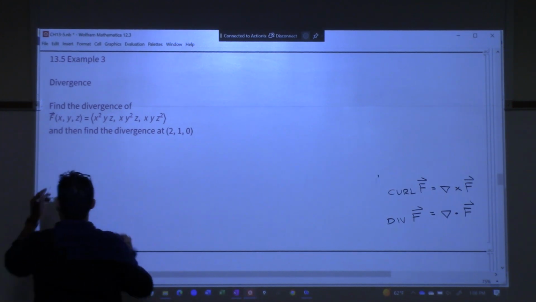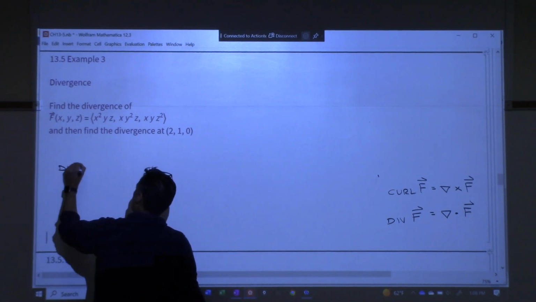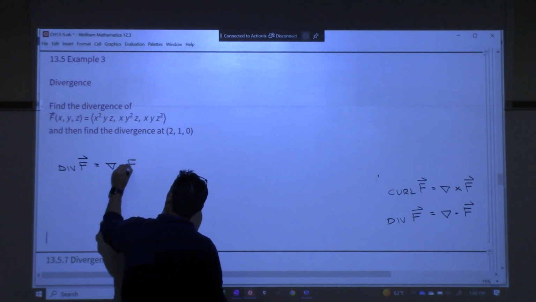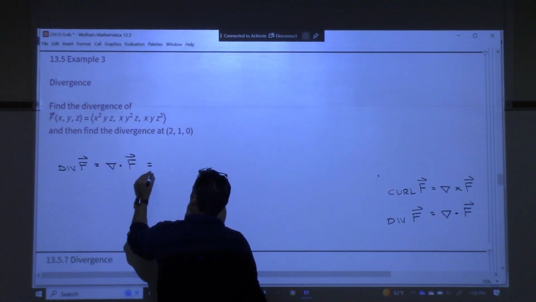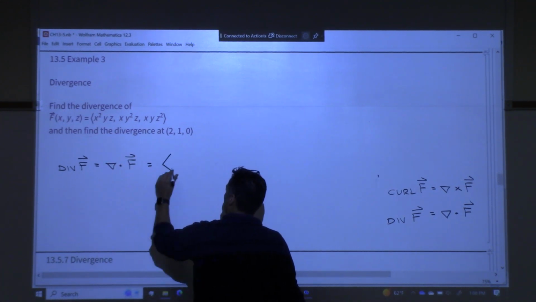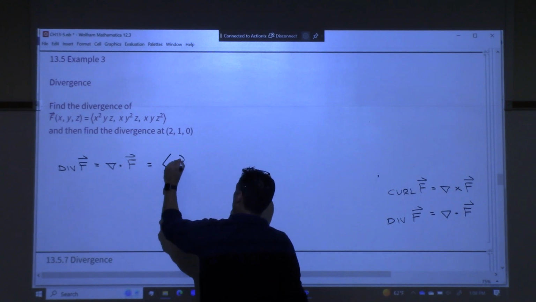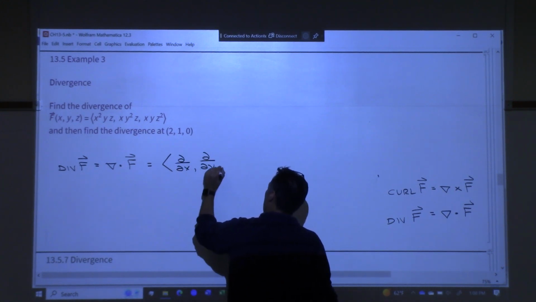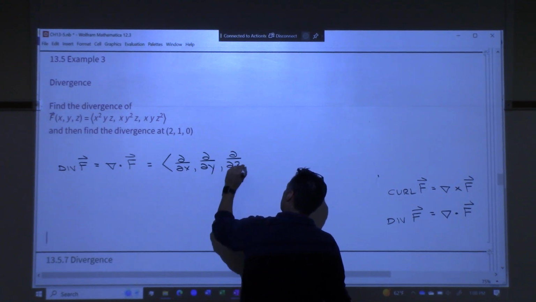So let's first write div f is del dotted with the field, where del is the vector partial with respect to x, partial with respect to y, partial with respect to z.